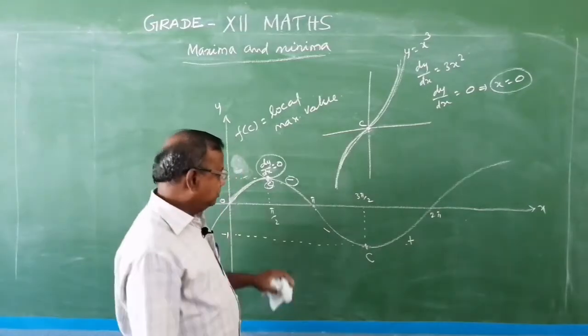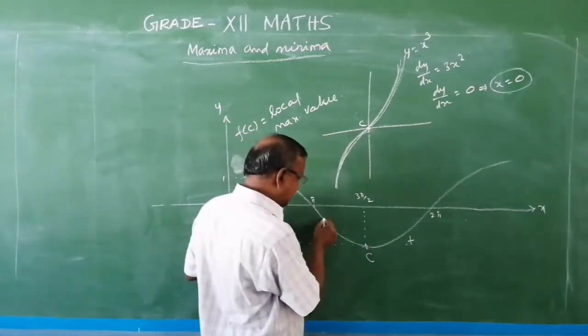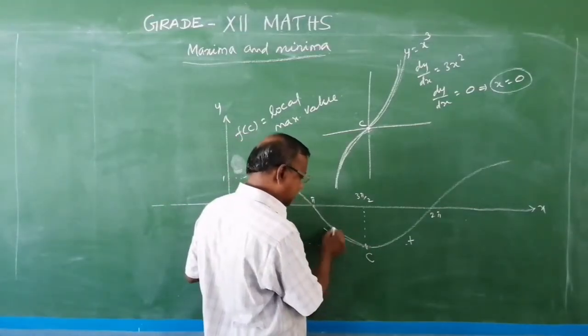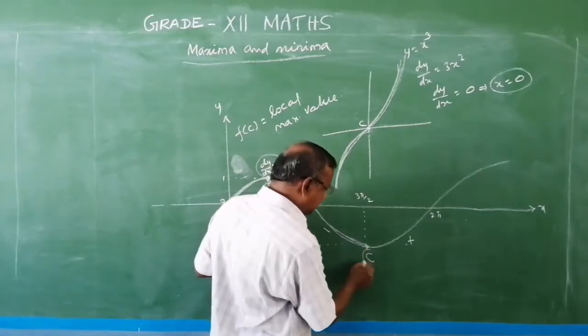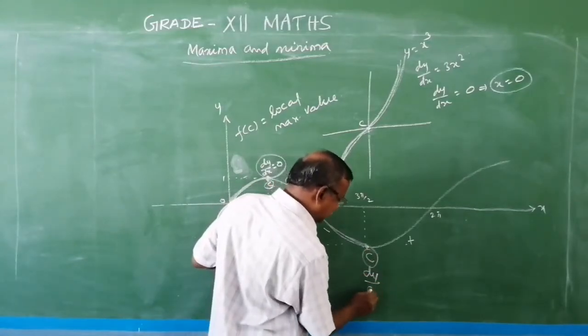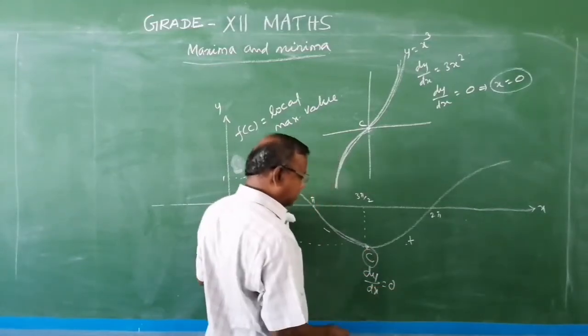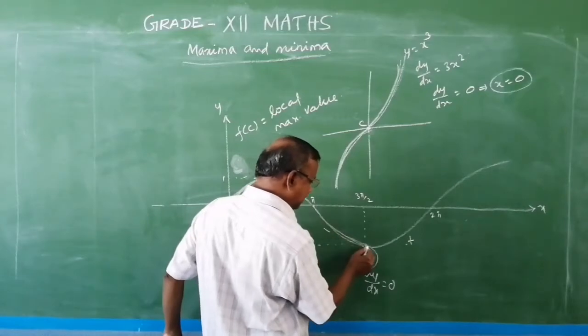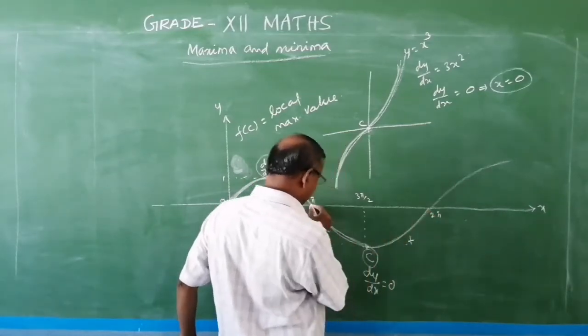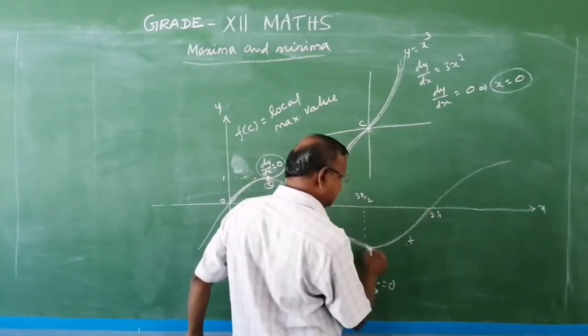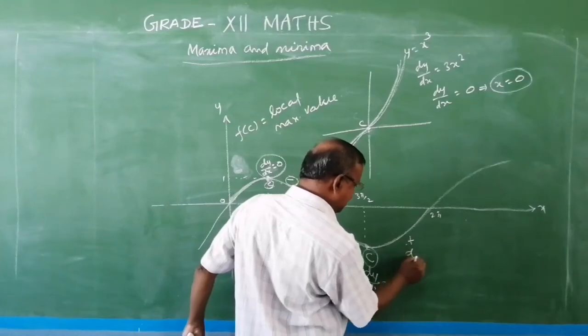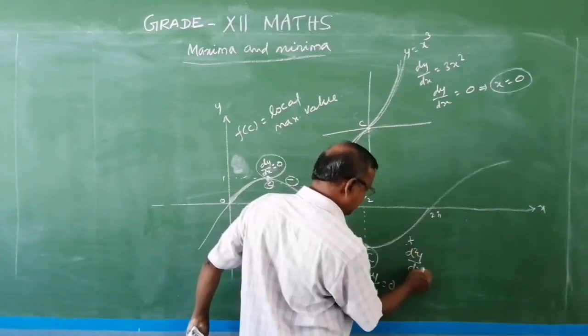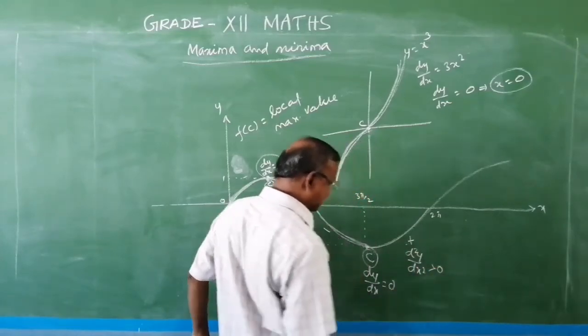Similarly, now dy by dx is decreasing, that is negative, up to one point, at that point dy by dx equals 0, and afterwards, from C to 2 pi, the second derivative d square y by dx square or f double dash of x is greater than 0.